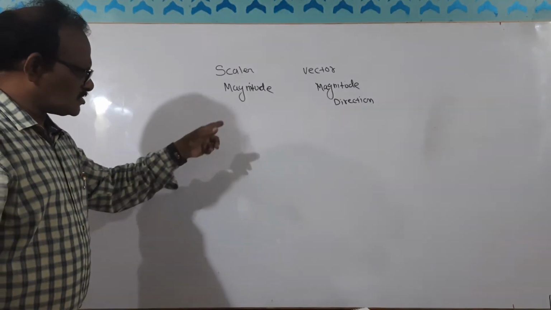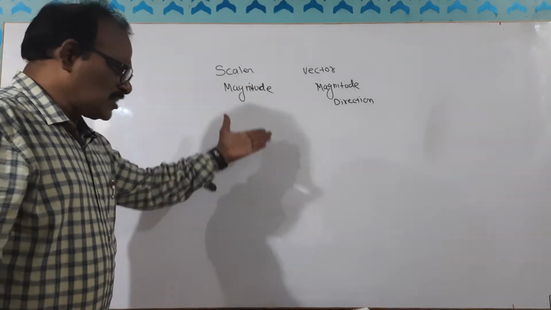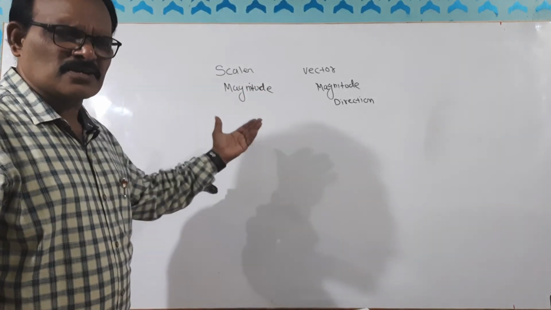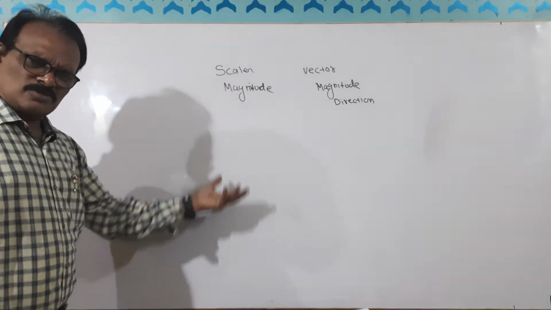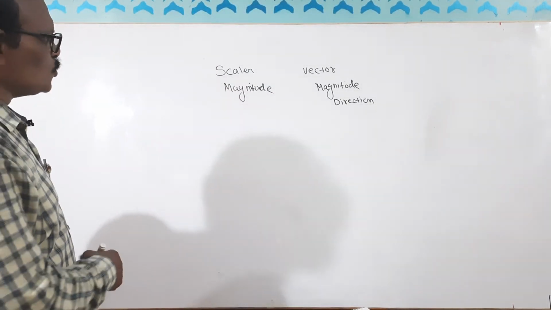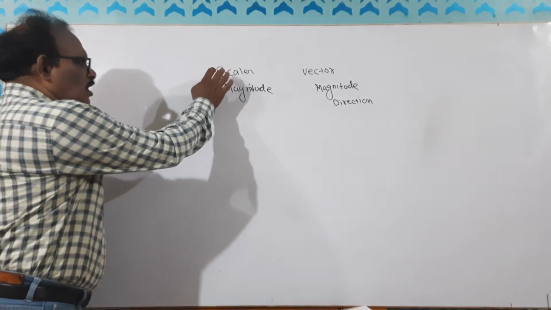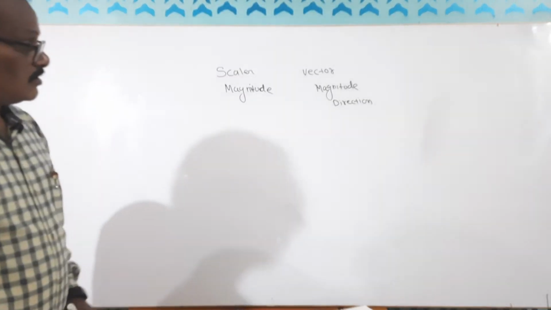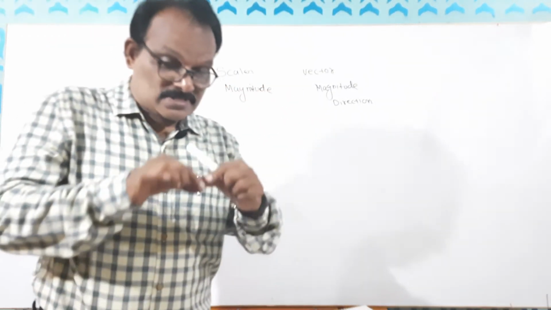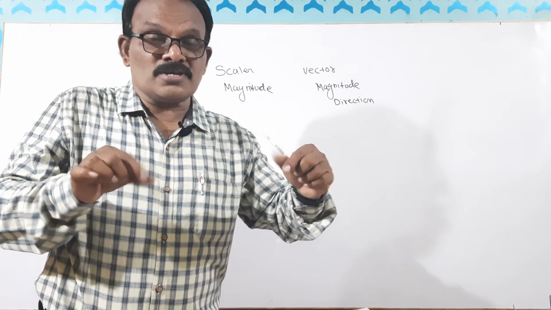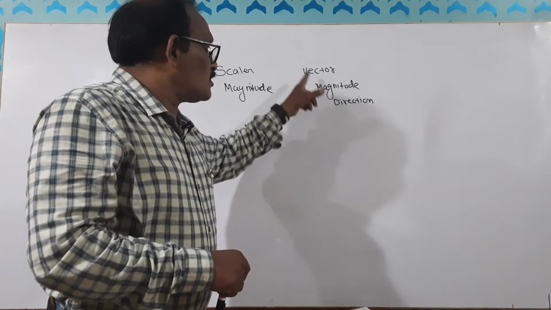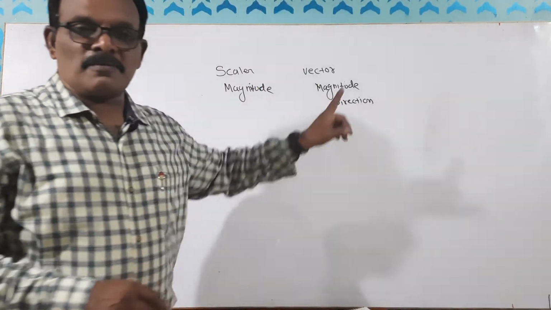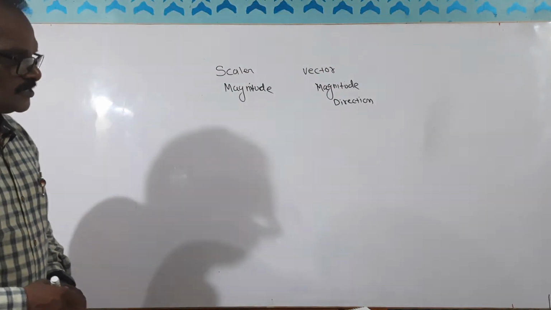Now, distance is actually the path covered by an object, but any path, whatever you choose. So the example of a scalar is distance, but displacement has direction also, and it has the smallest length also. That means displacement is the example of a vector.